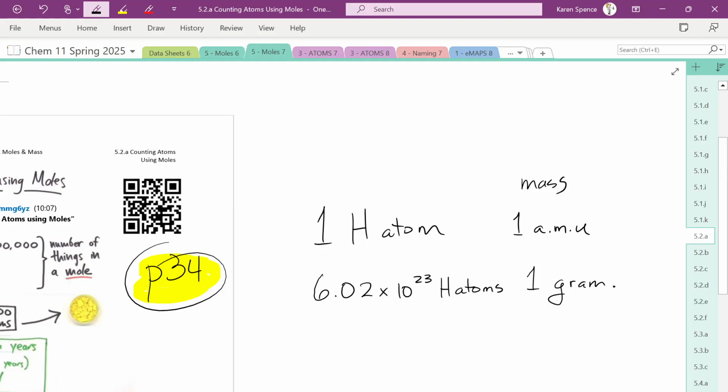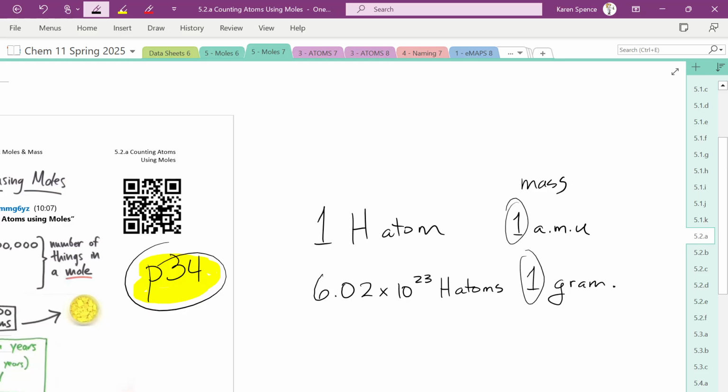And that's kind of useless because you would like it to be the same number. Where did they get 6.02 times 10 to the 23? Well, they asked, how many hydrogen atoms does it take to weigh 1 gram? And that's 6.02 times 10 to the 23.